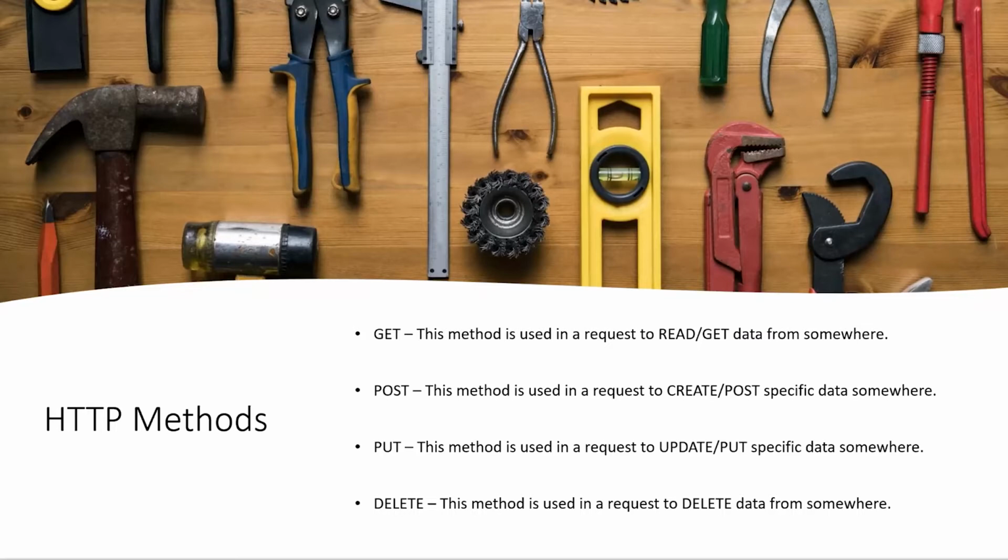So PUT is kind of the counterpart to POST, but PUT is a little more specific. You use PUT to update data that might already exist, to update specific data somewhere. An example of that would be, say we have an event API, and that event needs to be updated, and you have the ID, and say it's event 1.